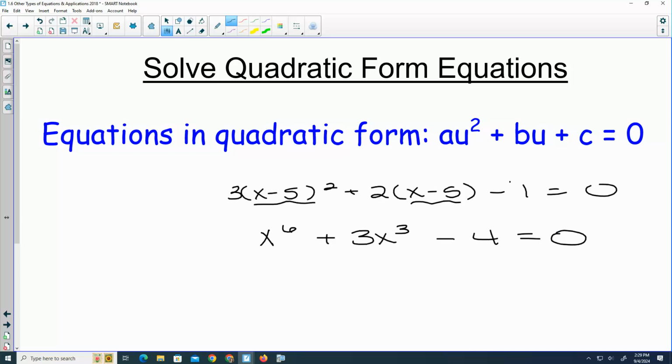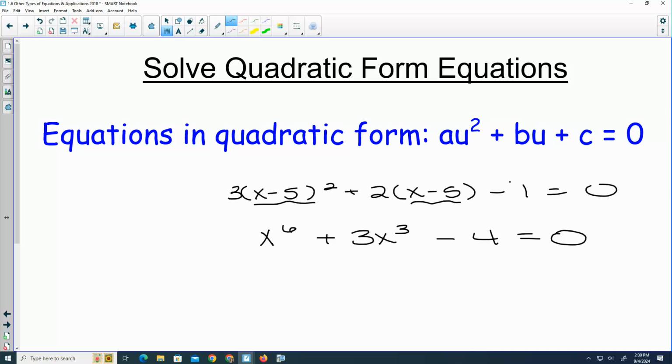Okay, this is not a true quadratic because it's not an x squared. But you have x to the 6th. What's half of x to the 6th? X to the 3rd. And then I have a constant. So it's kind of like a quadratic. And so we can use some of our factoring strategies to solve these kinds of problems, even if it's not a perfect quadratic.